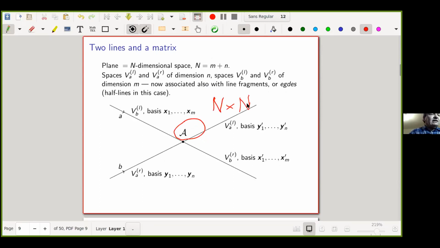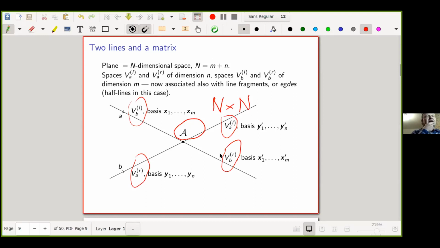Just take some bases in all those subspaces, in subspaces VBL, VAR, VAL, and VBR.